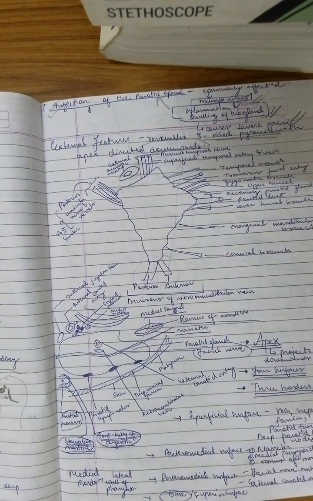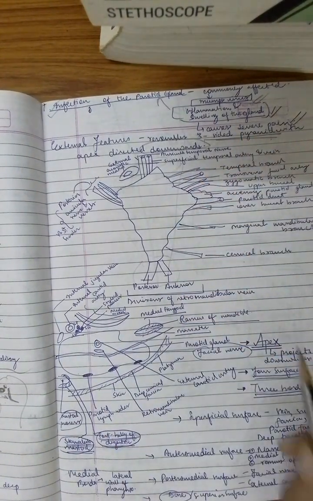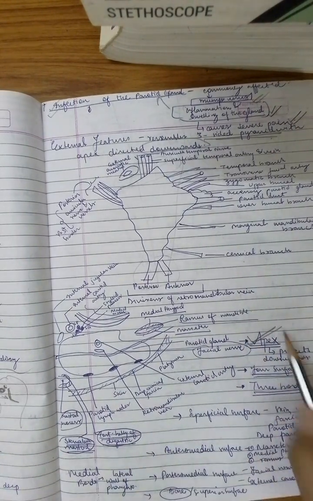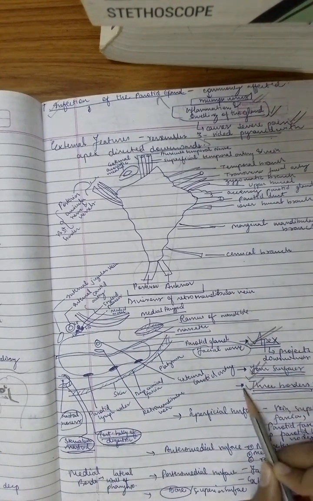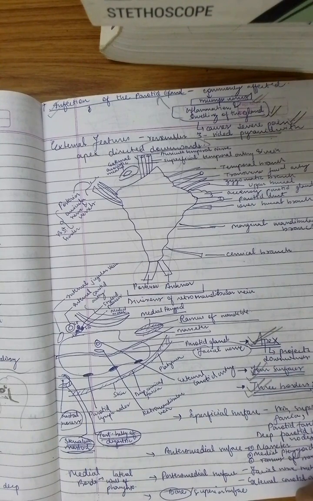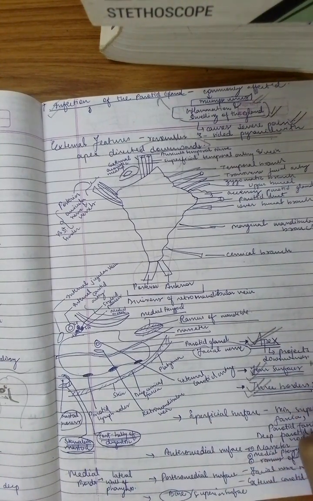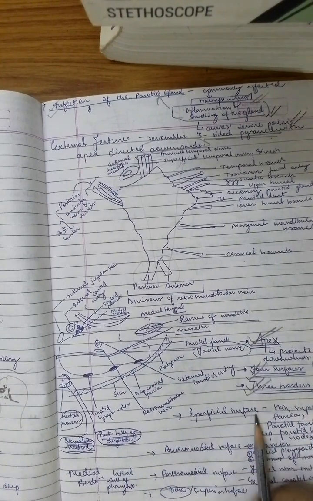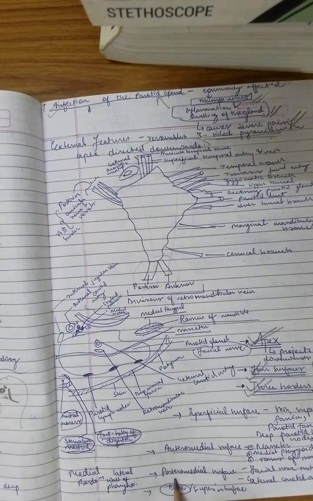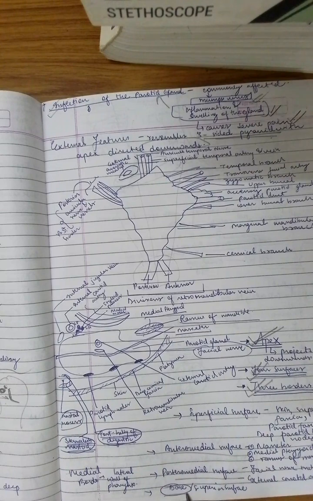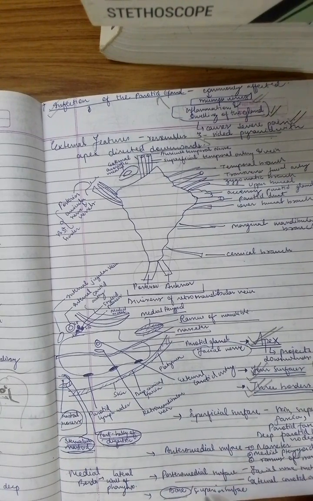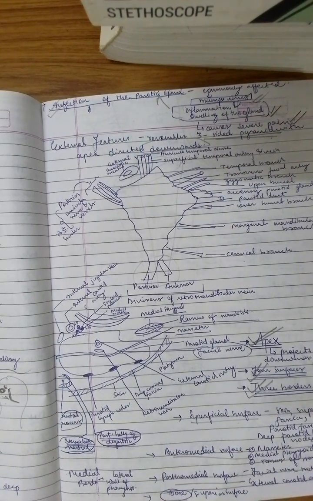There is an apex, four surfaces and three borders. The base is included as one of the surfaces: superficial surface, anteromedial surface, posteromedial surface, and base. Then the anterior border, posterior border, and medial border.